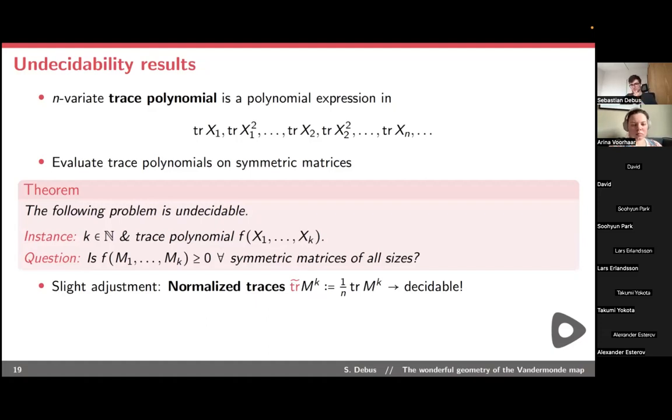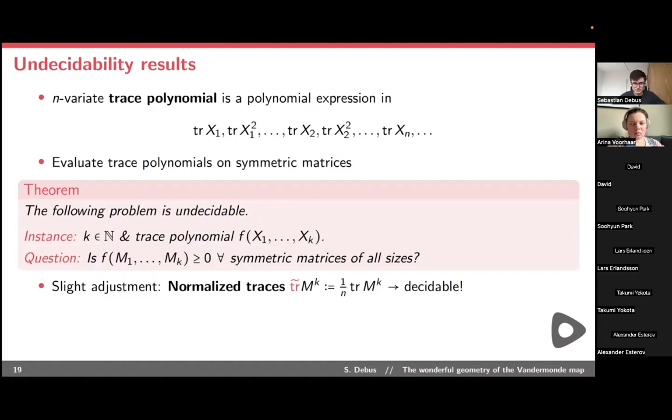If we use the same theorem, but with normalized traces and normalized trace polynomials, then we prove, in the second big theorem, that this problem is decidable. So when we only care about a fixed matrix size, those problems are equivalent. And this undecidability happens only at infinity and not before.